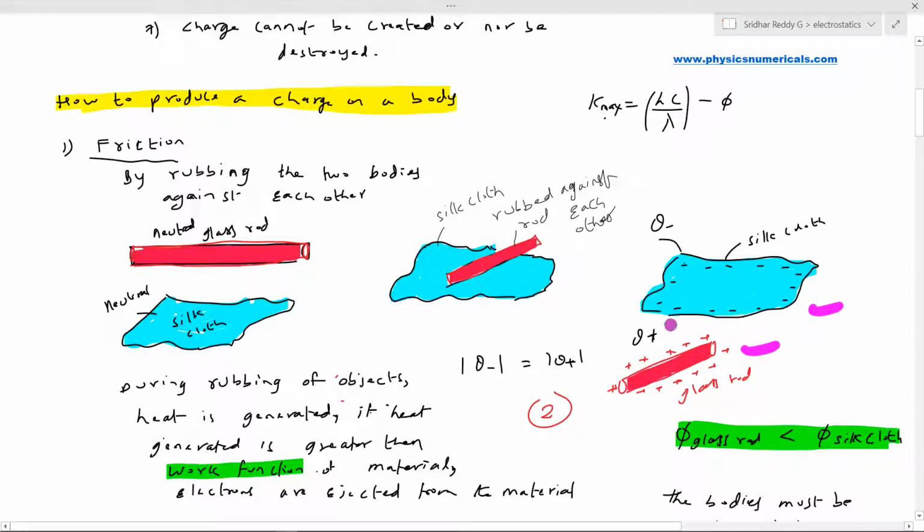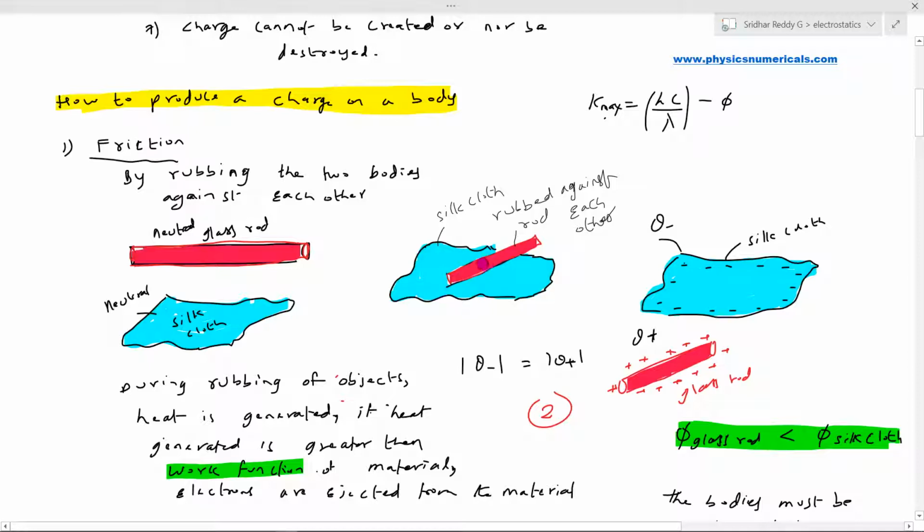Okay, next question comes. How is it possible that by rubbing two bodies, charge is produced? So there is one mechanism. What actually happened here? The silk cloth is having an excess of electrons. Let's have the modern view. Initially both are neutral.